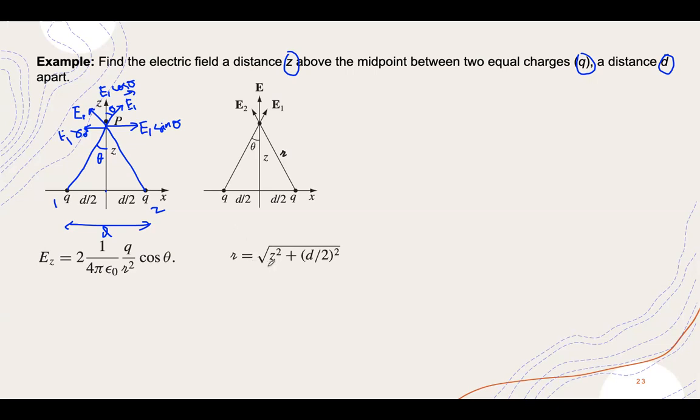So R is going to give you root over Z square plus (D over 2) whole square, and then cos theta is given as Z over R. You just need to substitute this, and it is going to give you this expression. This is the full understanding of how to use the electric field formula to solve such kind of problems.